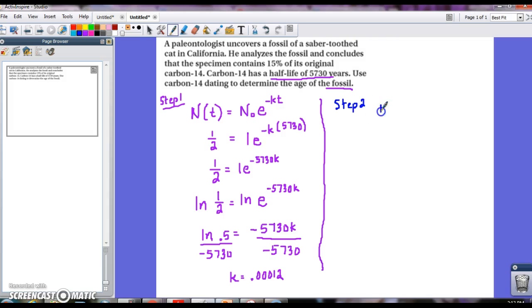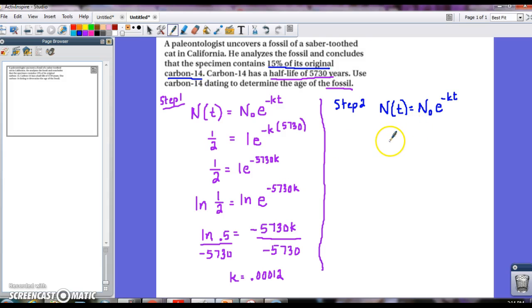I'm going to use that same formula, N of T is equal to N sub 0 times e to the negative kt. There's information in the problem that I haven't used yet: he analyzes the fossil and concludes that the specimen contains 15% of its original amount of carbon-14.